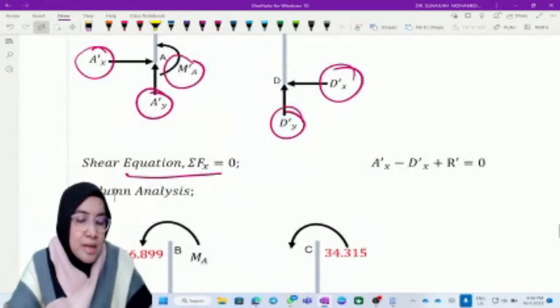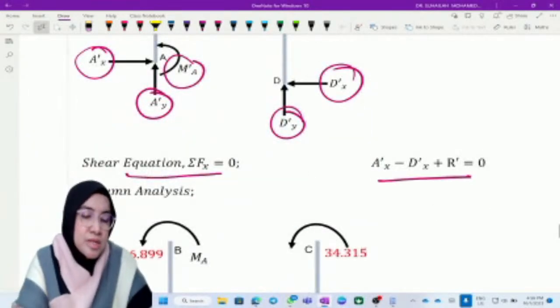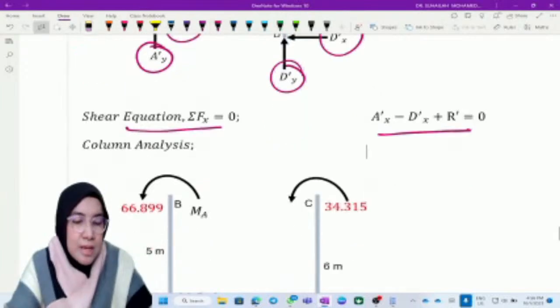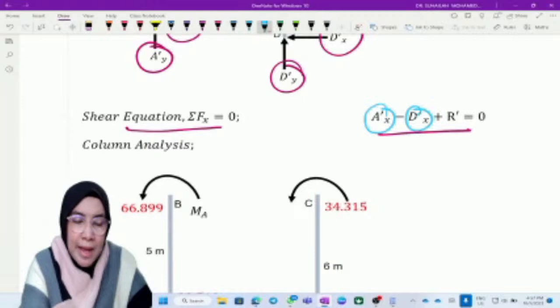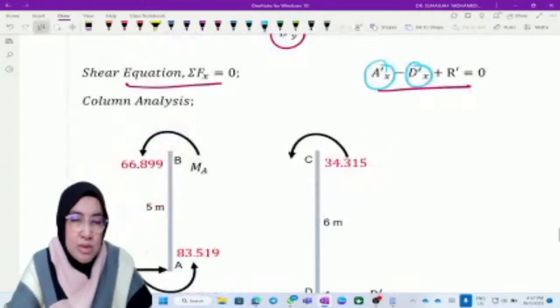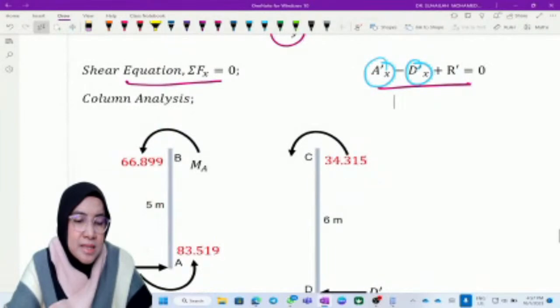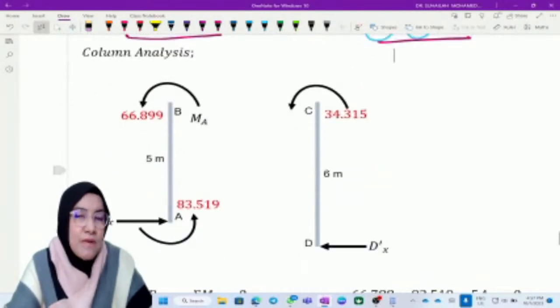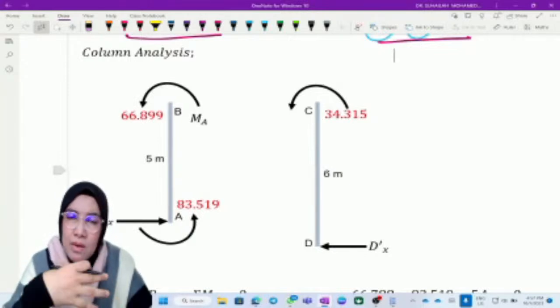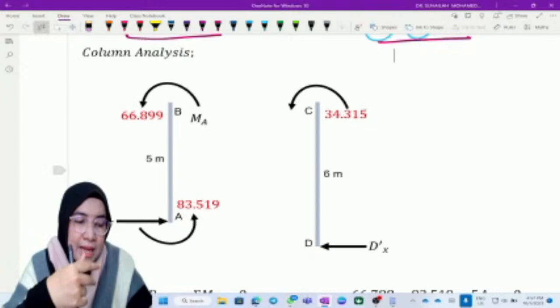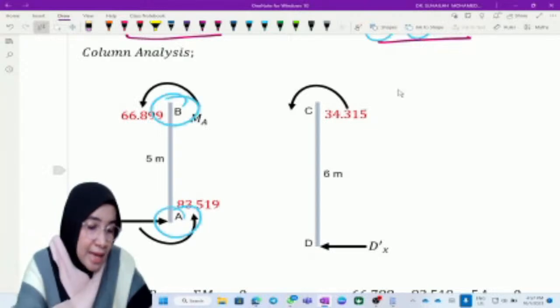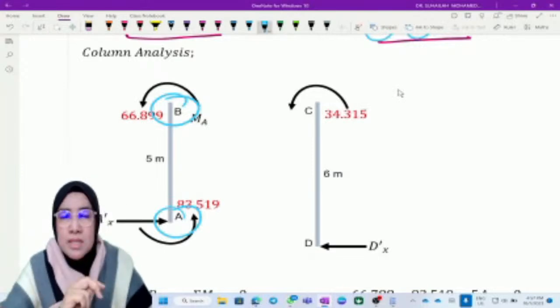Under the shear equation, we will get the R prime value. In this equation, there are two unknowns, because we have A prime X and D prime X. To get these, we have to do column analysis. So take out column AB. When we take out column AB, both ends have moments that we get from the table.